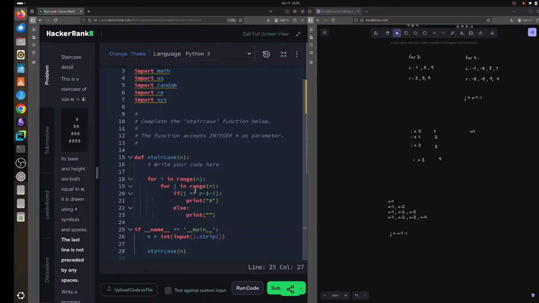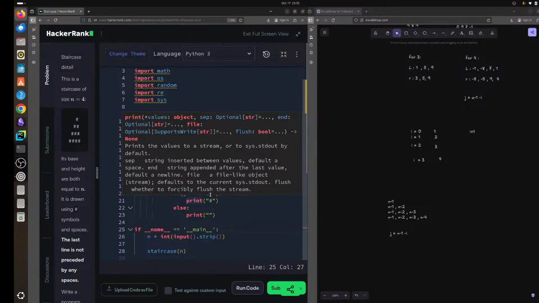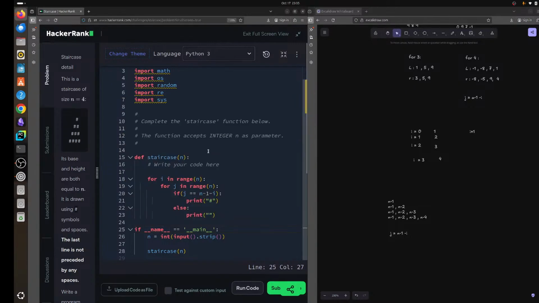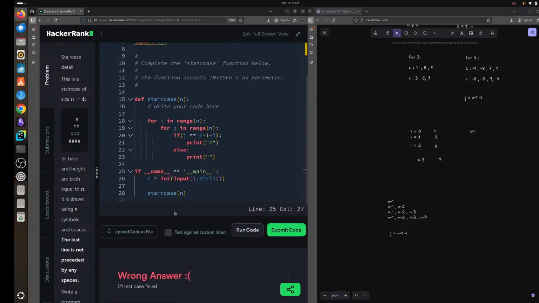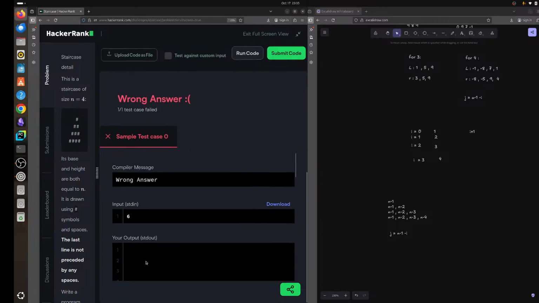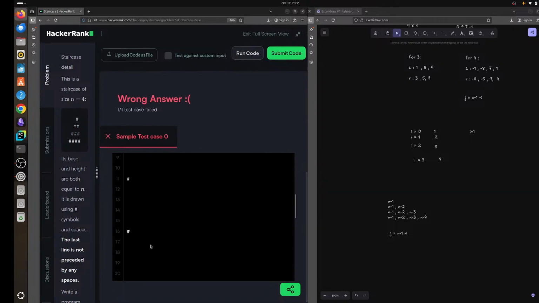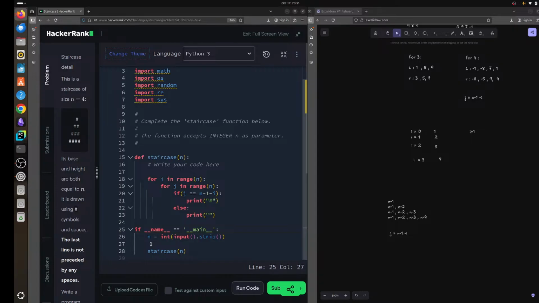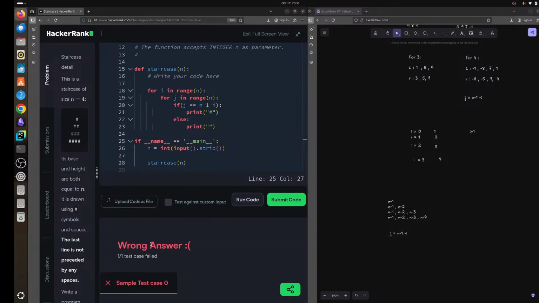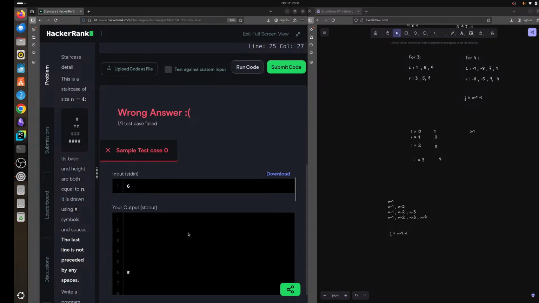j is 0. 0 equals n minus 1. n minus 1 is how much? I think 4 minus 1 is 3, 6, okay, 6 minus 1 is 5, 5 minus 1 is 4. So first condition, why?